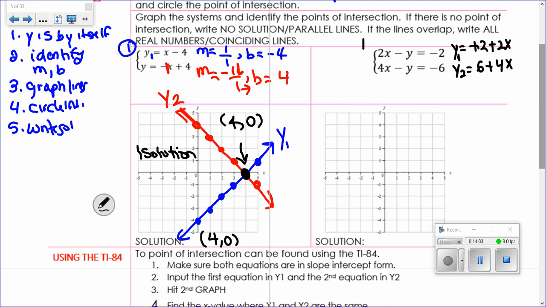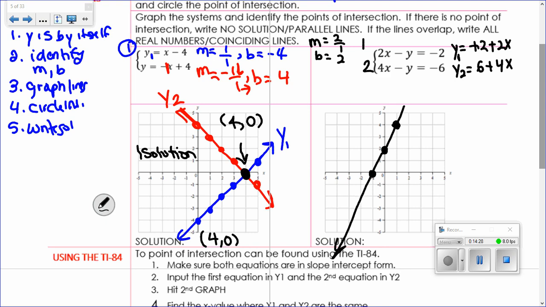Okay, now we're ready to actually graph these equations. For my first equation, equation number 1, m equals 2, or 2 over 1, b equals 2. So I go up 2, right 1, and create my line.